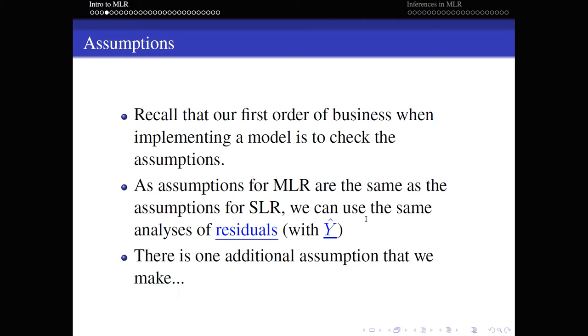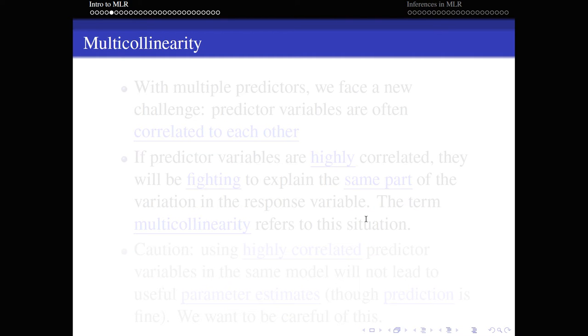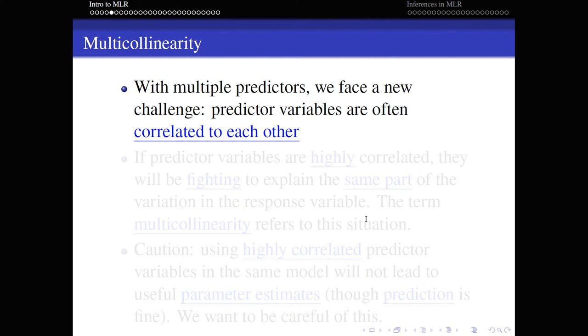Now, in multiple linear regression, there is one additional assumption in addition to all of the normal things that we tend to check in simple linear regression. Things like outliers, linearity, independence, normality, constant variance, all these things are what we tend to check, but there's one particular new one that we have in multiple linear regression, and this is called the assumption of multicollinearity.